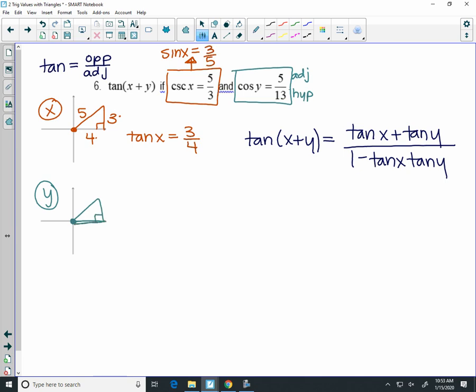So adjacent is always going to be on your x-axis here, your adjacent leg. So that's 5. Your hypotenuse is 13. Does anyone remember this special right triangle? Yeah, it's 12. Again, you are welcome to do Pythagorean theorem and solve for b.